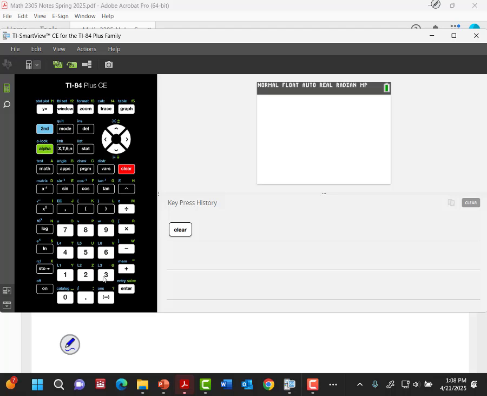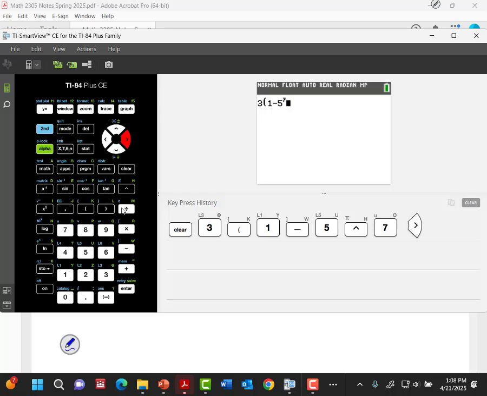So if we have 3, parentheses 1 minus 5 to the 7th power, divided by, and I'm going to put the denominator in parentheses as well, that's just 1 minus 5.